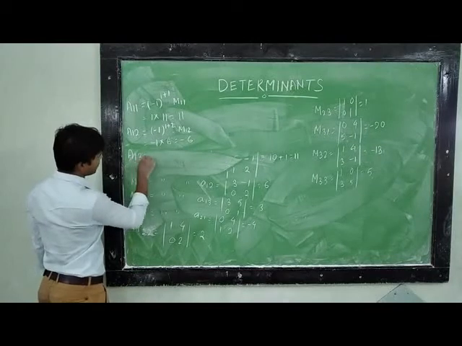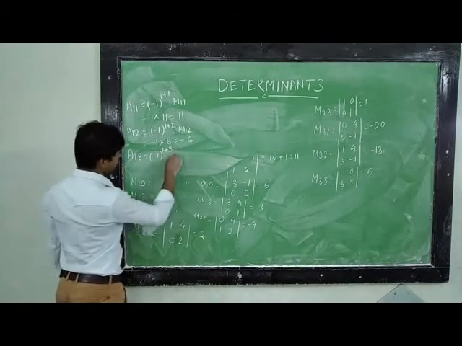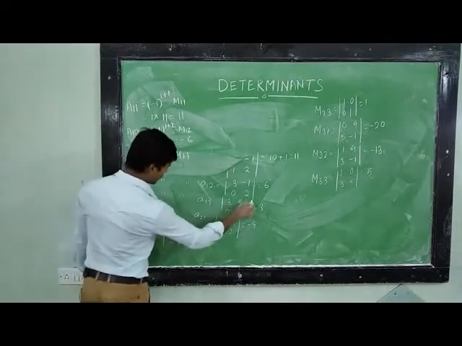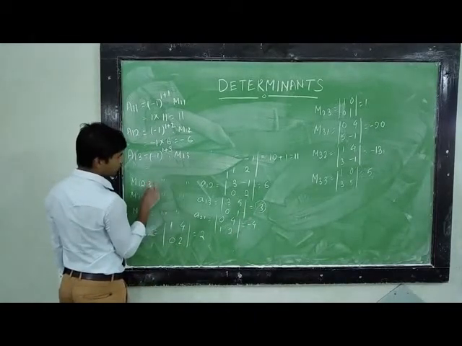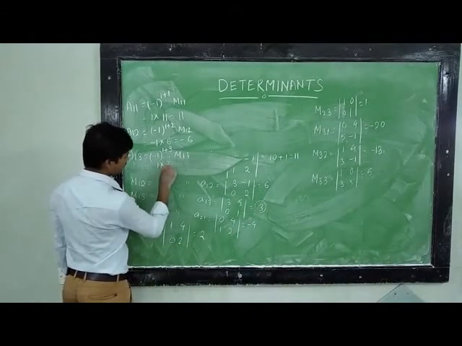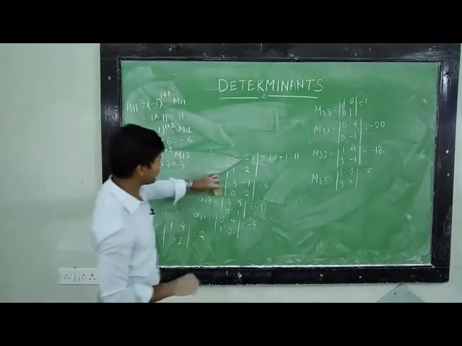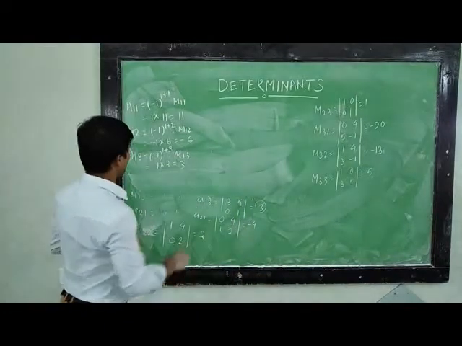A13, that is minus 1 whole to the power 1 plus 3 into M13, and M13 is equal to 3. So that is minus 1 whole to the 4, equal to plus 1, into 3, that is equal to 3. So these are the cofactors corresponding to A11, A12, A13.